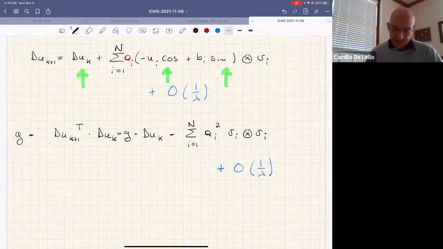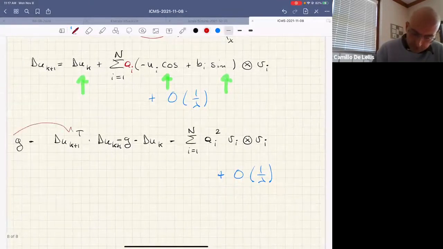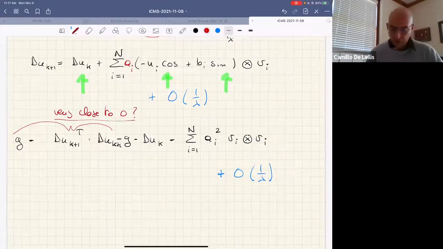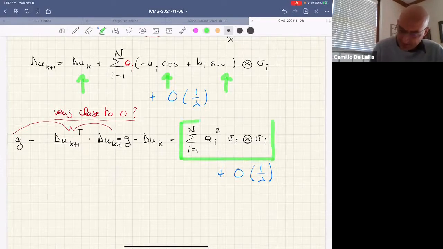Now you see that if I want this one to be very close to 0, what I can do is solve for this a_i squared. I can solve this linear problem, choosing the coefficients a_i squared in such a way that this sum gives me this part over here.